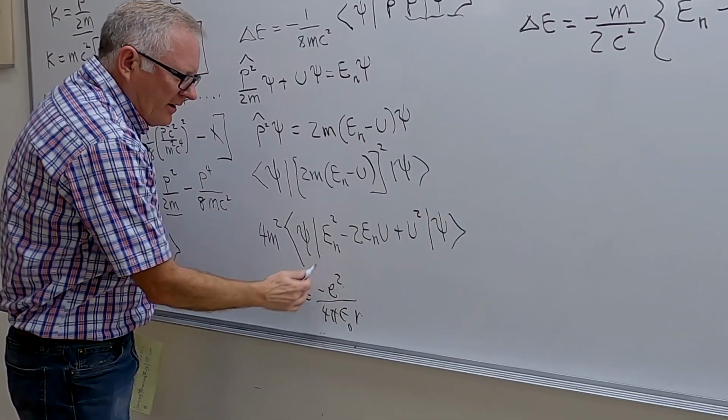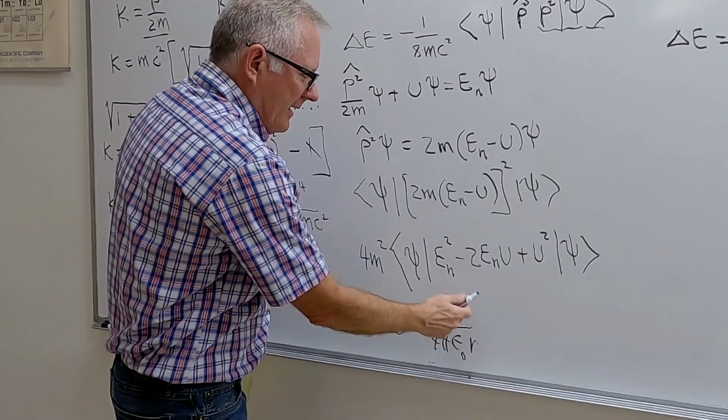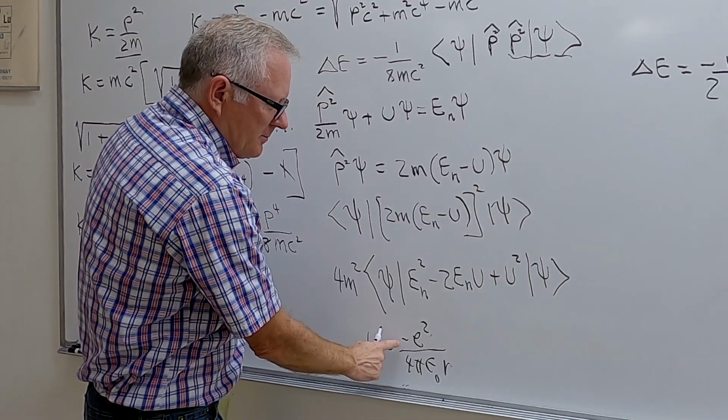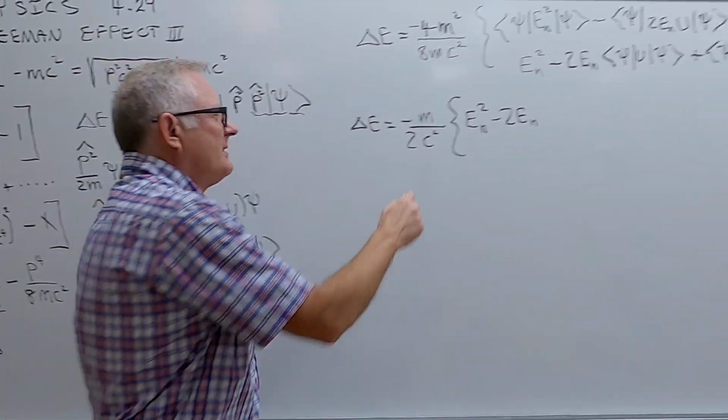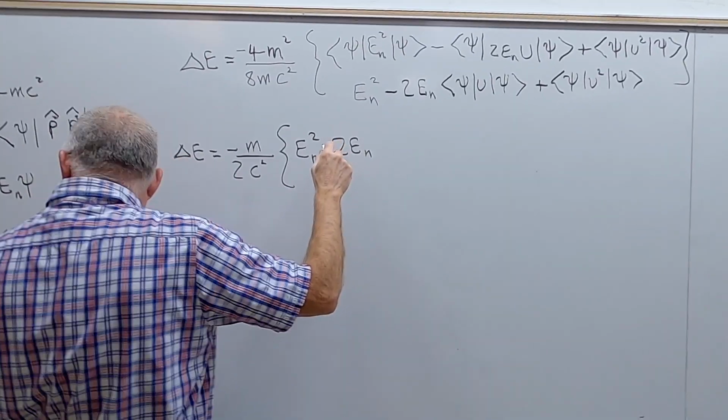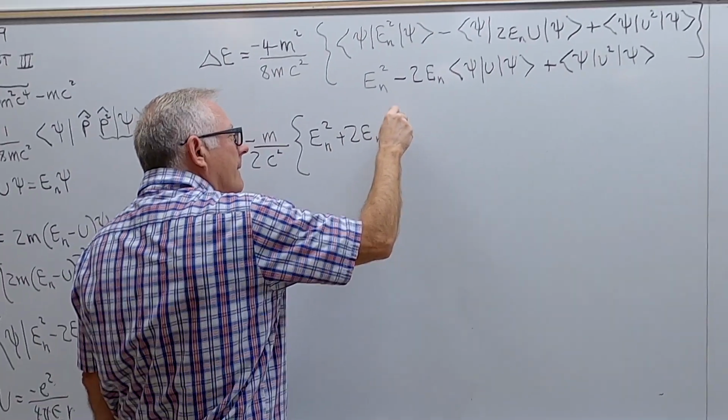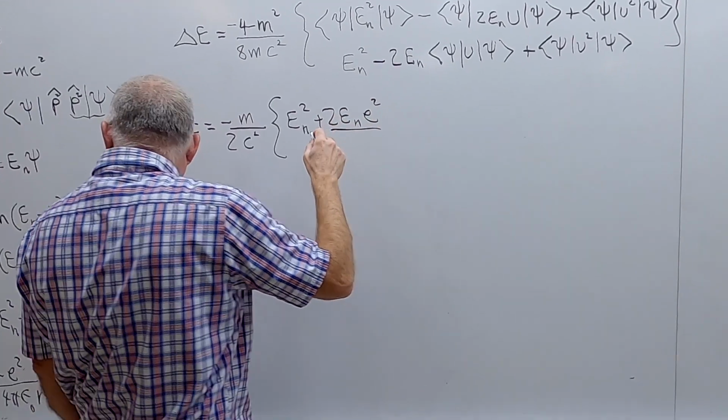I can pull out everything but the 1 over r in there. And so it'd just be minus e squared over 4 pi epsilon naught, which means this is a plus e squared all over 4 pi epsilon naught.